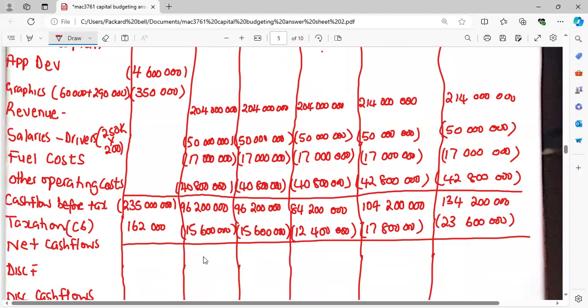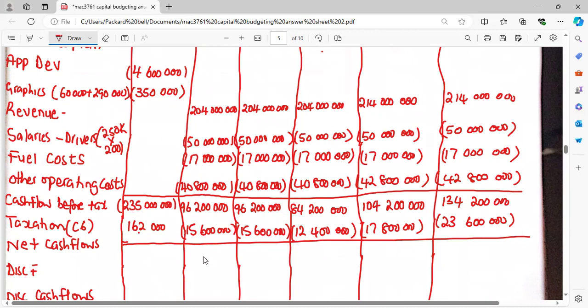This one is negative, and this one is positive. How much are we going to have here as our net cash flow? Negative 235 million. How much are we going to have here?